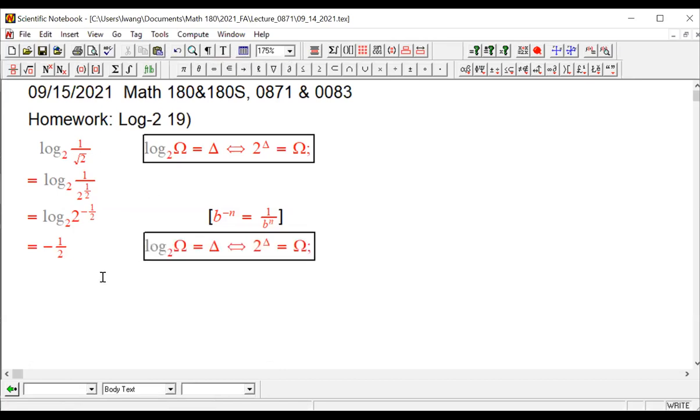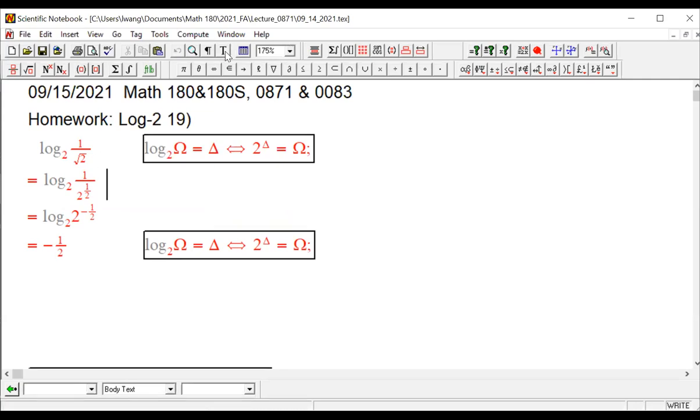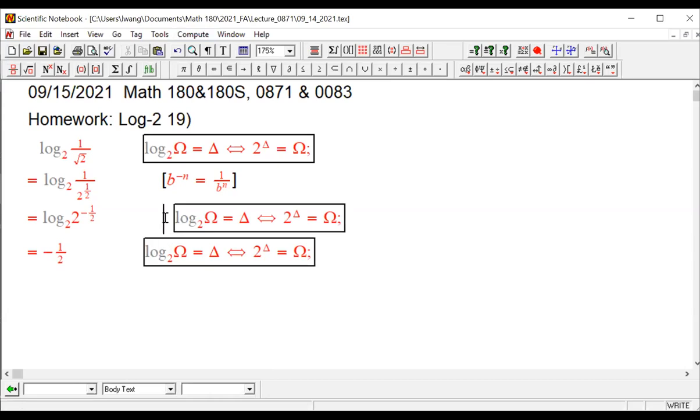You got that, right? Because I'm going to put this over here. This is the power property. So if it's log base 2 of 2 to the power 3, it equals 3, right? Because 2 to the power 3 is 2 to the power 3.